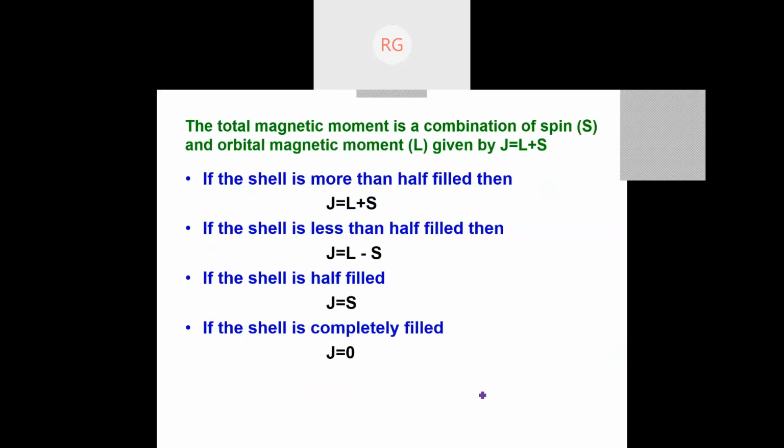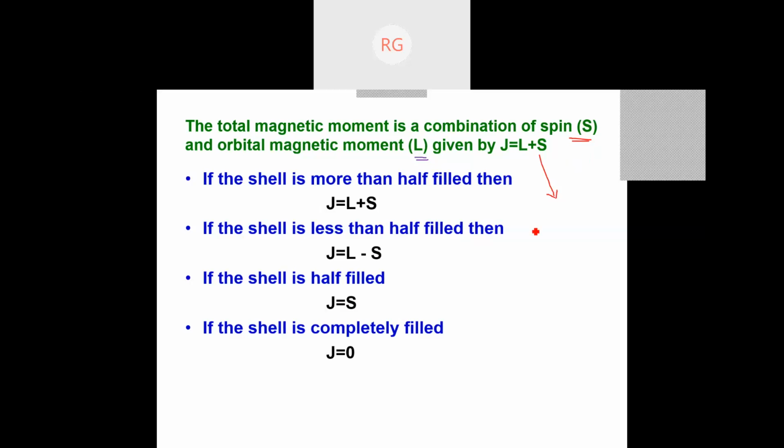Before going to the third reason, I am now summarizing the combination of orbital momentum L and the spin momentum S of the electron. How are they coupling? There are a lot of coupling schemes.